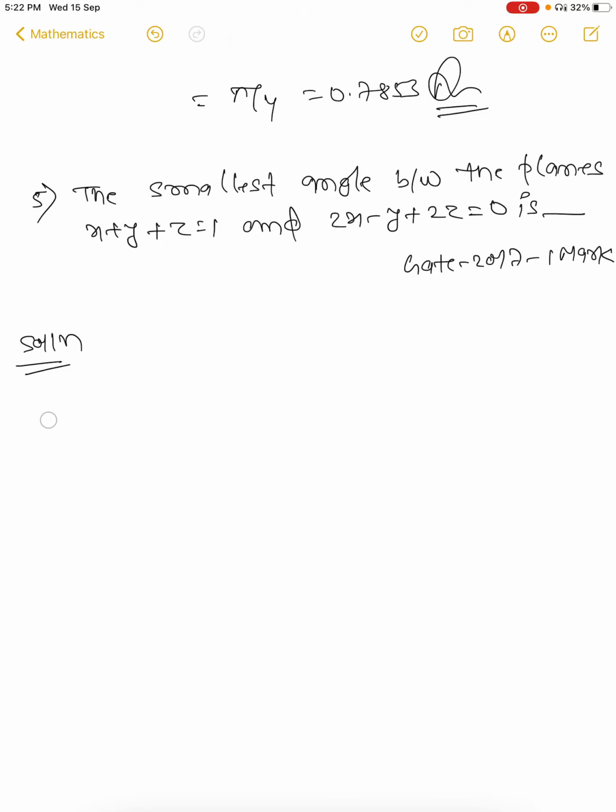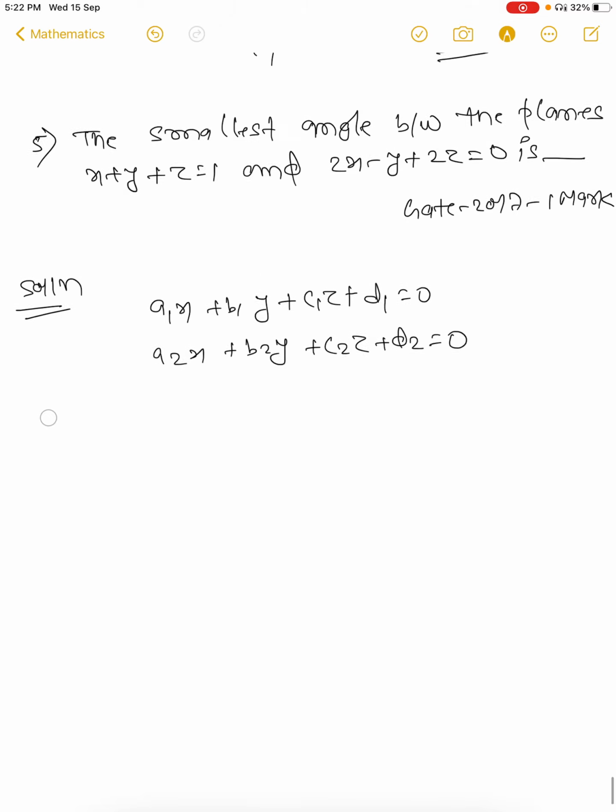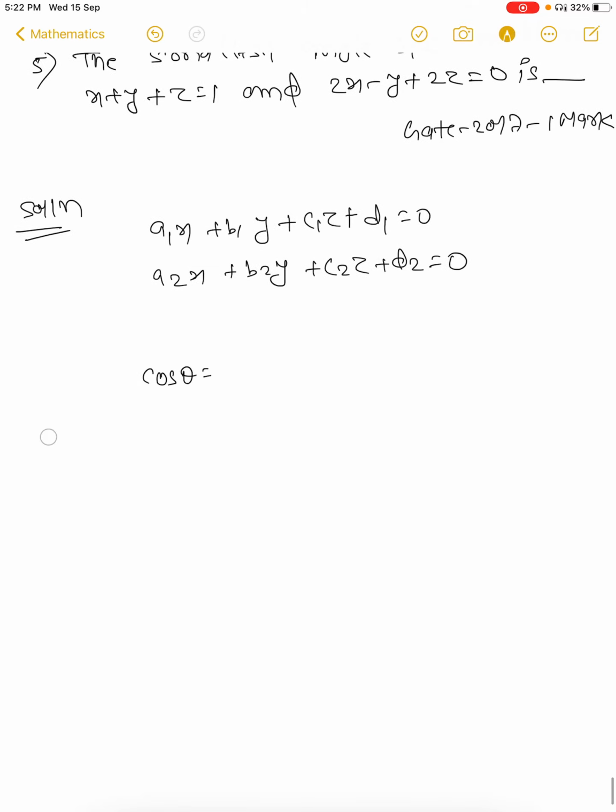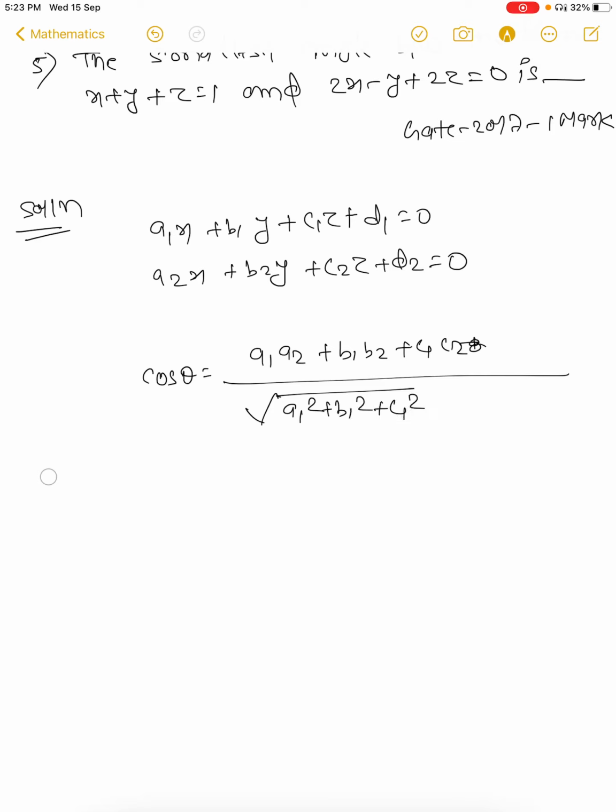Theta angle: when your planes are given as a1x plus b1y plus c1z plus d1 equal to 0 and a2x plus b2y plus c2z plus d2 equal to 0, then the angle between them is cos theta equal to a1 a2 plus b1 b2 plus c1 c2 upon root under a1 square plus b1 square plus c1 square times root under a2 square plus b2 square plus c2 square.